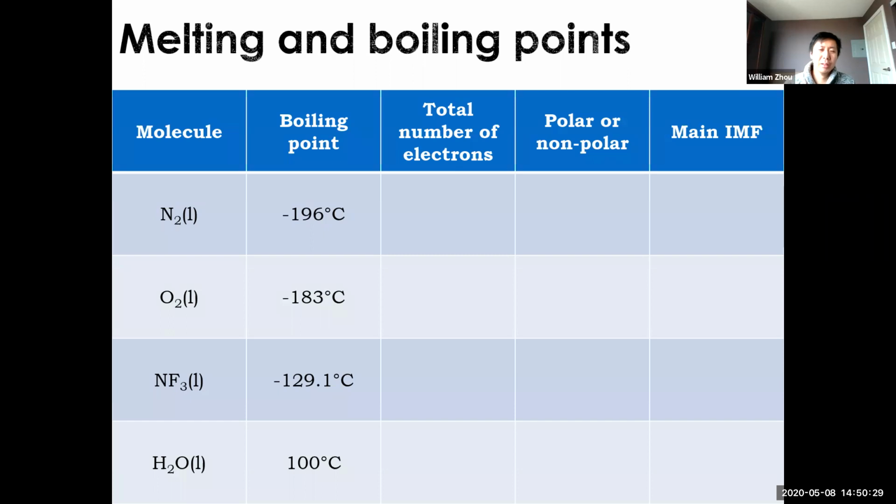Okay, so now let's use intermolecular force and compare the melting and boiling points of substances. So I have listed 4 things. If you check out nitrogen, the boiling point of nitrogen, the temperature at which nitrogen becomes a gas, is a whopping negative 196 Celsius.